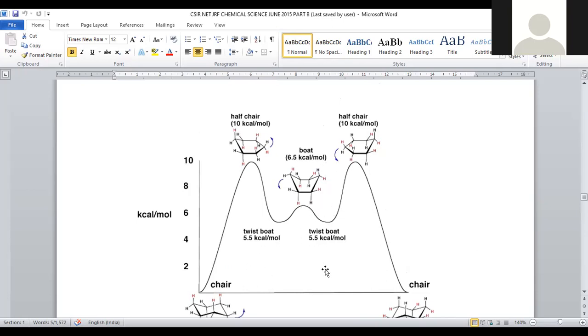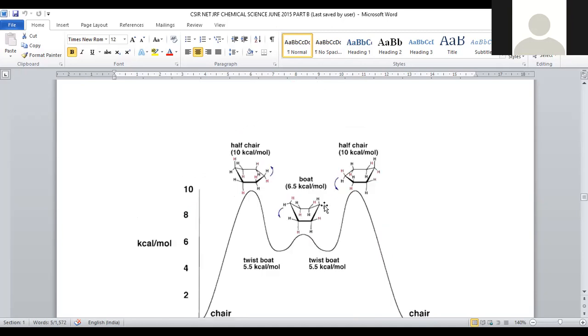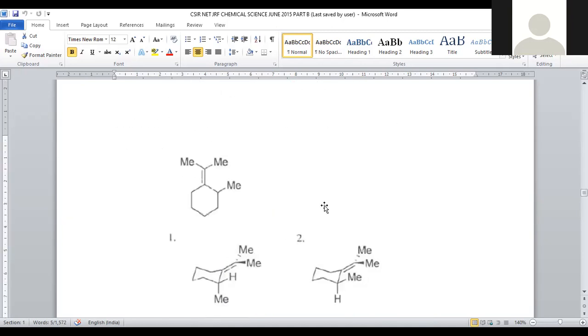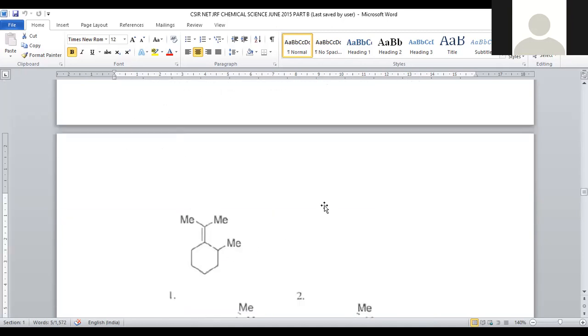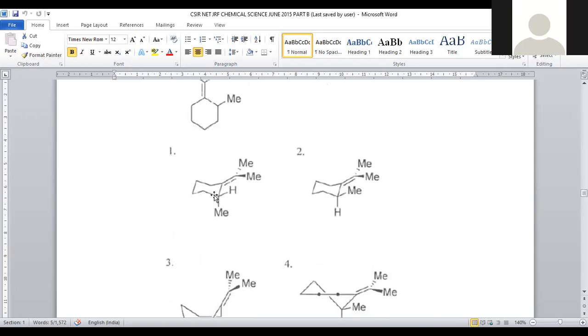Twist boat is still lower in energy, that is 5.5 kilocalories per mole, so chair is followed by twist boat followed by boat, and the least stability is imparted to the half chair, purely based on their steric strain energy, right? So in this manner, for question number 43, option number 1 is the correct answer.